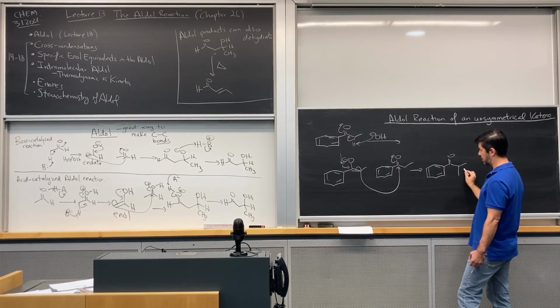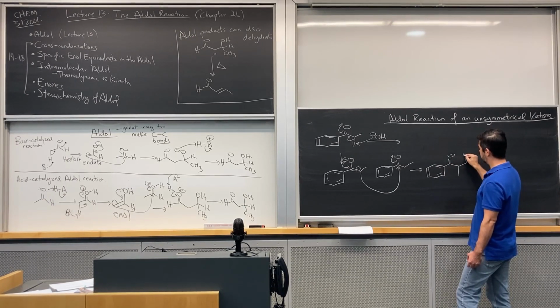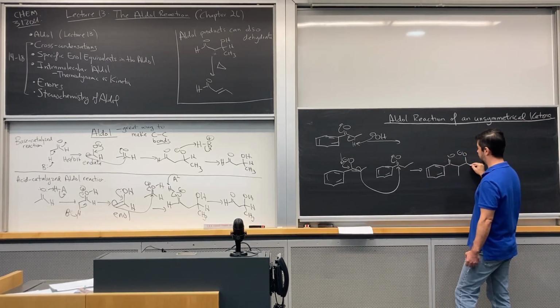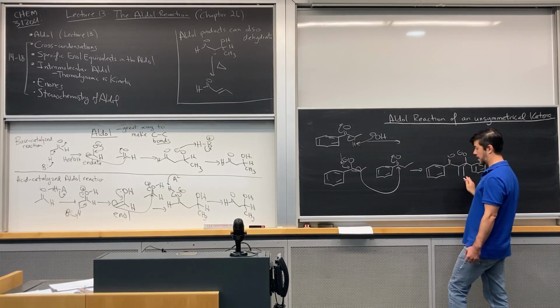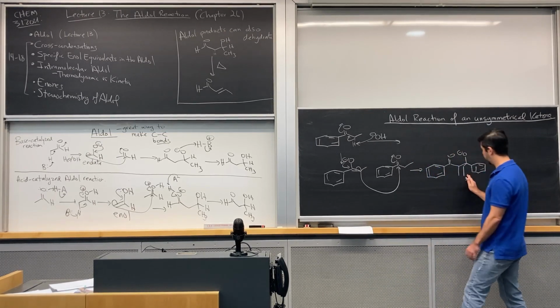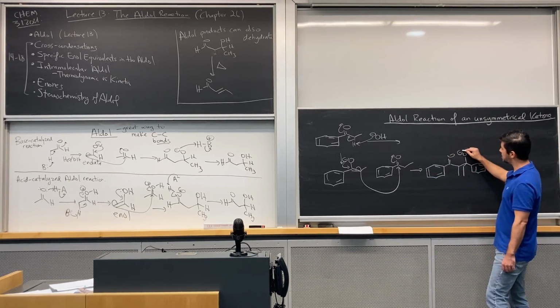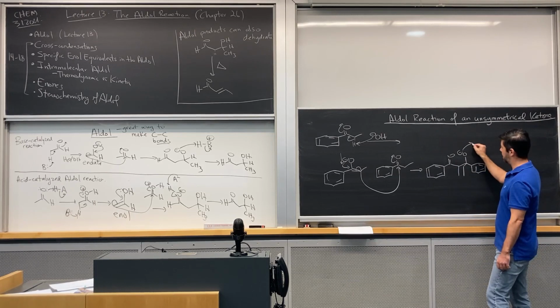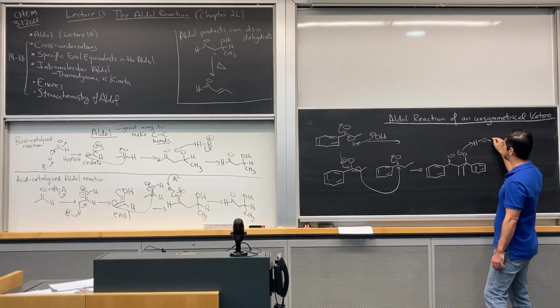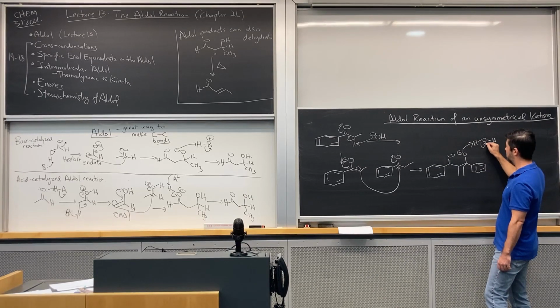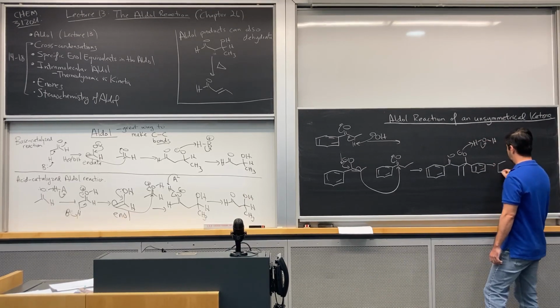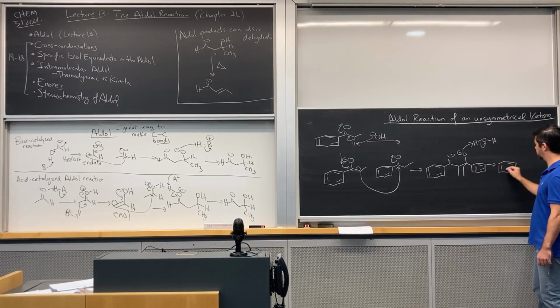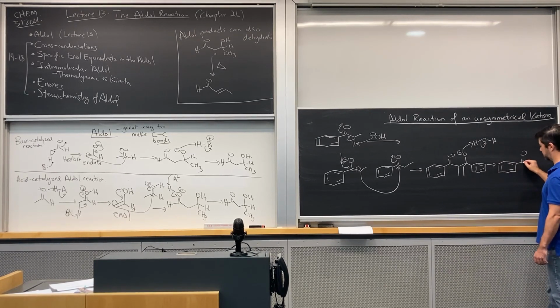This is the new carbon-carbon bond that we've made. Electrons go up. And that's our compound here. This now can pick up a proton from the conjugate acid of hydroxide, which would be water. And this would be your aldol product.